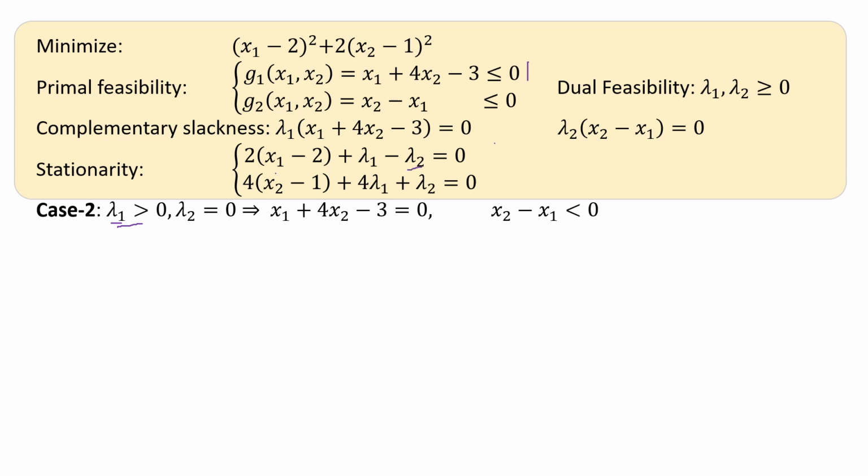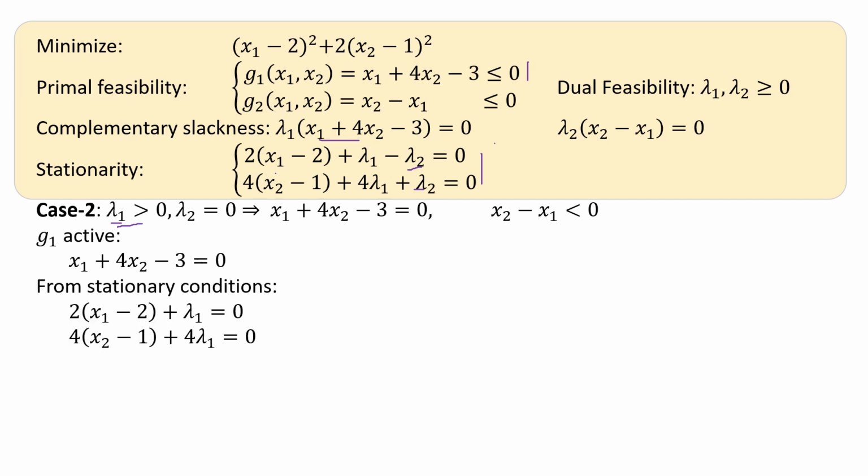Dropping the lambda 2, we get two equations from the stationary condition, and complementary slackness also must be satisfied, so we have our third equation. This is from complementary slackness, and these are from the stationary conditions. Solving, we get x1 is 1 whole 2/3, x2 is 1/3, and lambda 1 is 2/3. And we already know that lambda 2 equals 0.